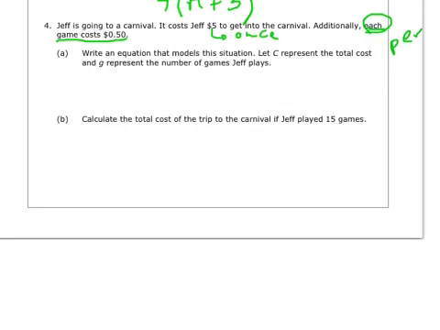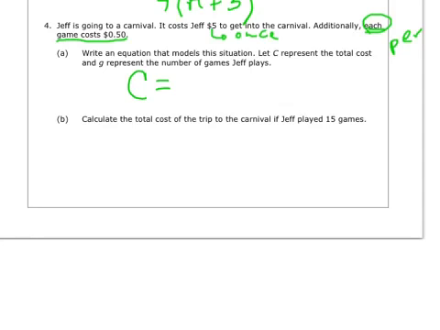So when we're writing this equation, write an equation that models this situation. C is the total cost. G is the number of games. Okay, so we're going to have the cost equals, okay, so each game, so if we play one game, it's going to cost 50 cents. If we play 2 games, it's going to cost $1. That's without the $5 to get in. 3 games is $1.50.